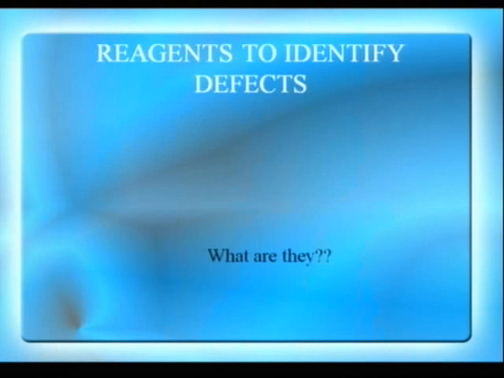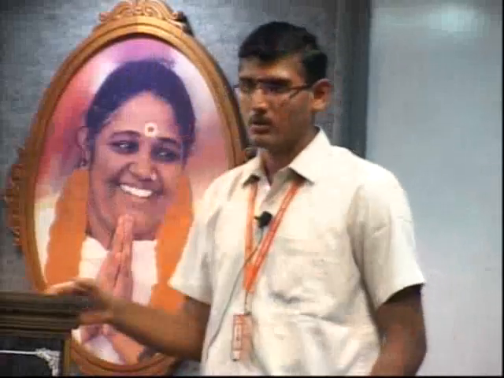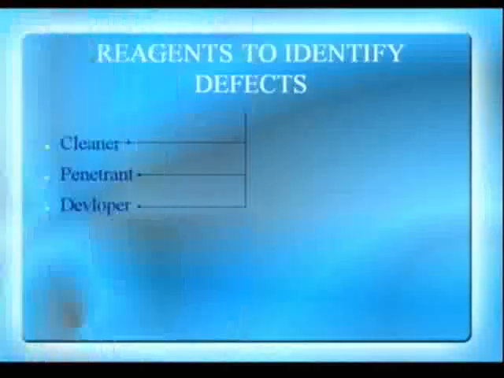Now let us see some of the chemical reagents used to identify these defects. There are 3 types of reagents: cleaner, penetrant, and developer.